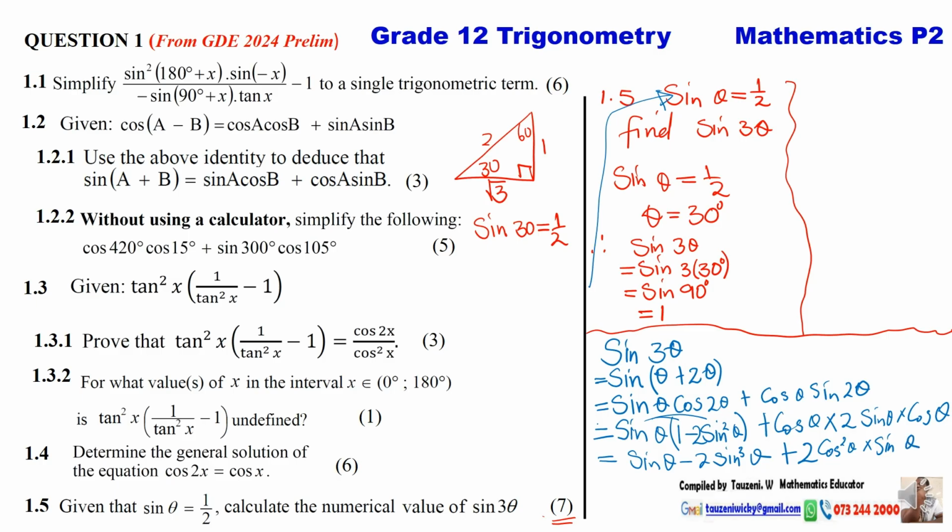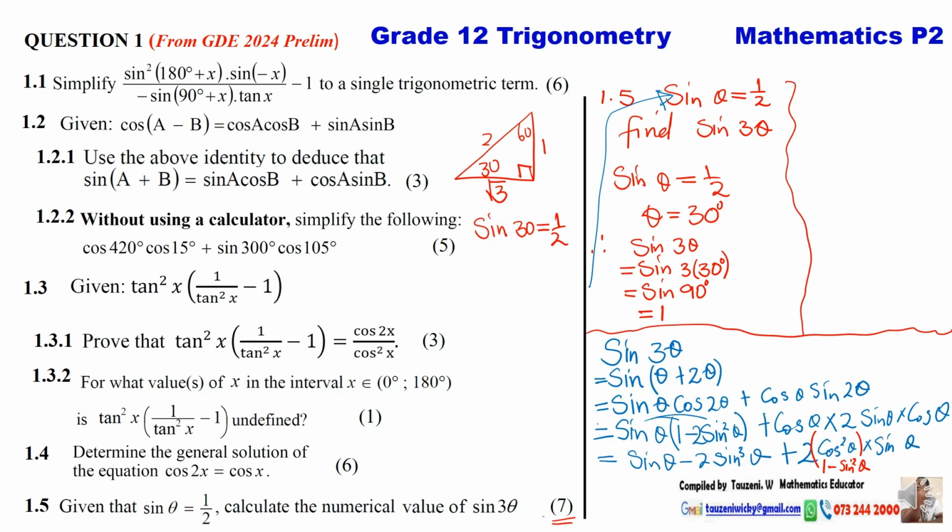Now in this expression, we know that cos squared theta can be substituted. So if you take out this part of your expression and replace it with 1 minus sine squared theta, we know that identity from grade 11. Then your expression can be simplified.